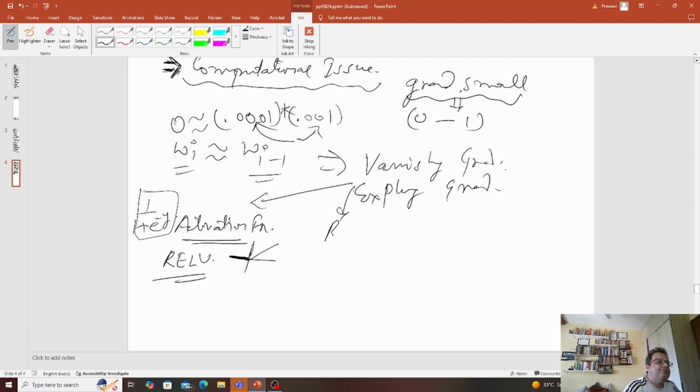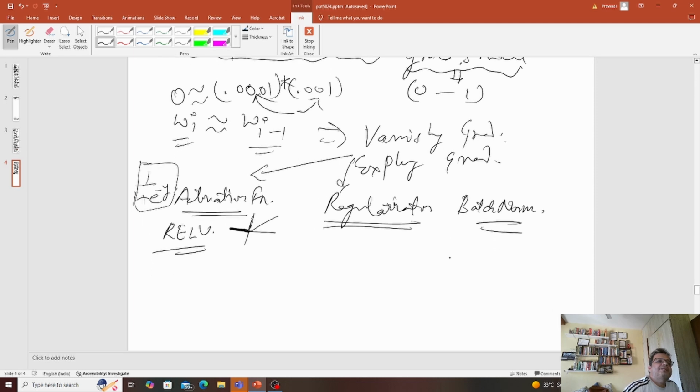The second is with respect to regularization. We will talk about this, but this is about making your model less complex. The second is called batch normalization. In case of batch normalization, what happens?